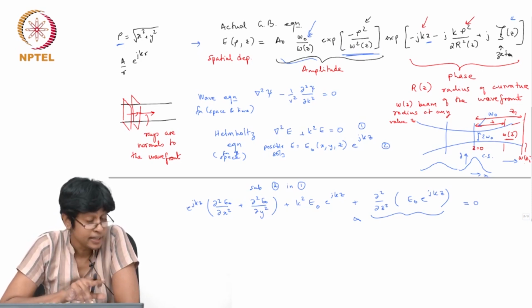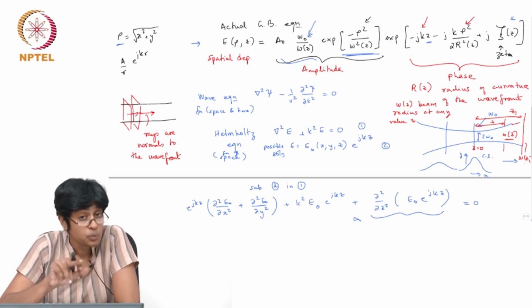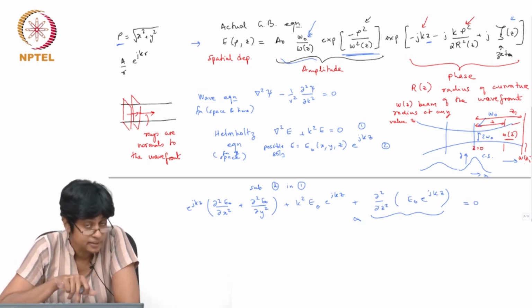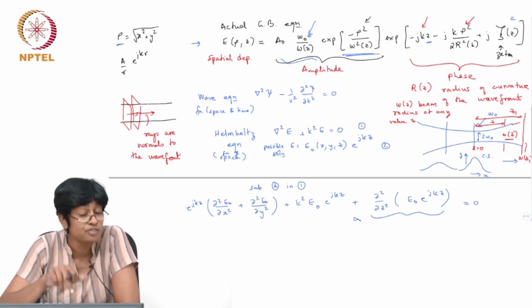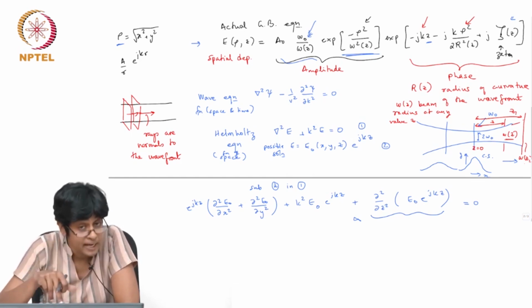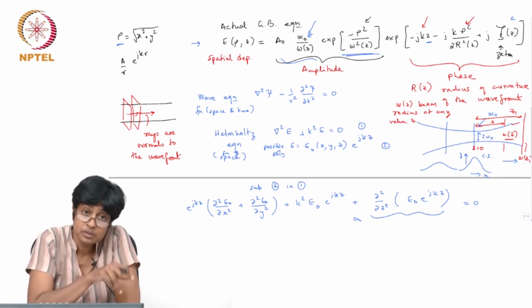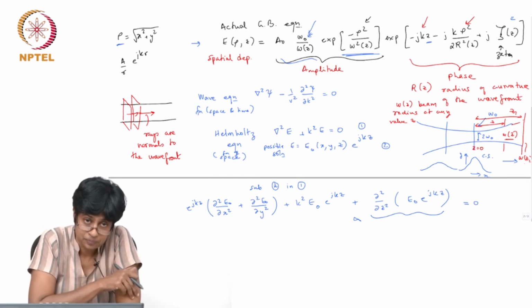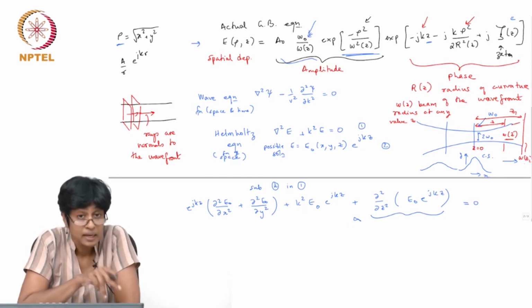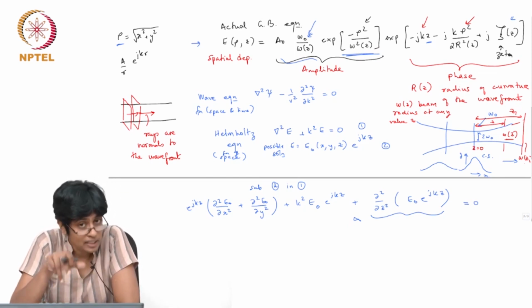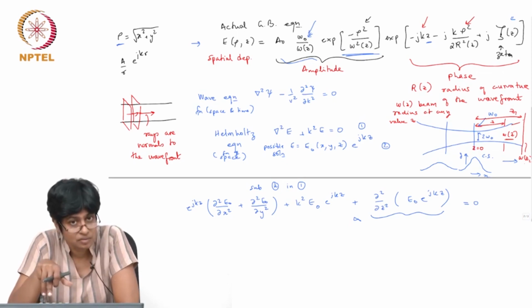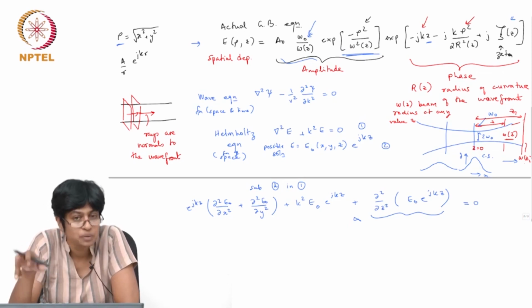So we did not neglect dou E naught by dou Z. That is retained in the expression. We are saying that it itself is slow compared to the variation with respect to X and Y. Right? That is slow, but we retained dou E naught by dou Z in our expression. We said it is slow and therefore the second derivative is even slower and that we neglect.